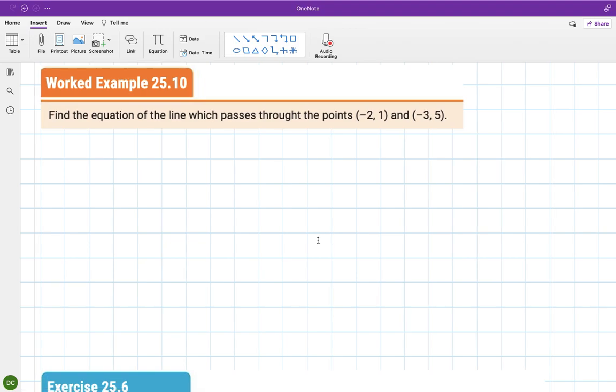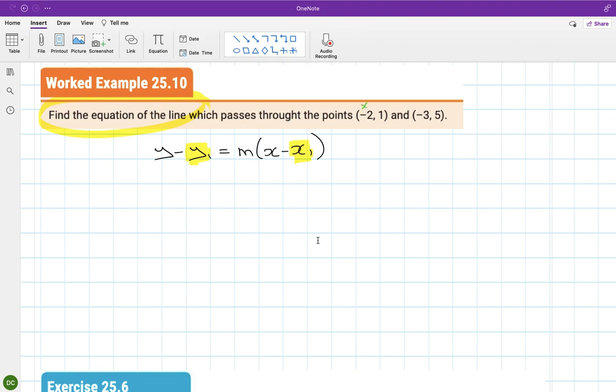Second one here, so again, find the equation of the line. So I go and get my formula. There it is. To fill this in, remember that I need an x1 and a y1, so I need a point. Do I have that? I do.